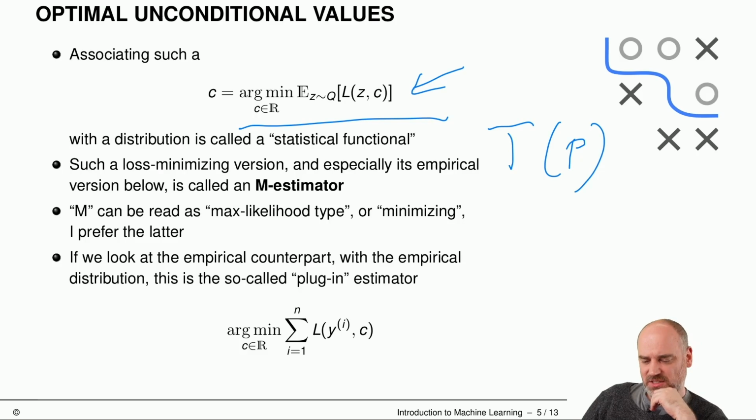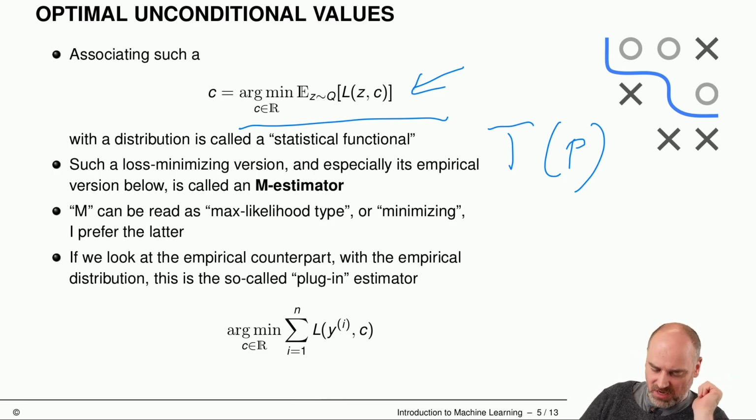That's just fancy terminology for saying I want to associate some characterizing value with a distribution, and it generalizes things like expectation, median, variance, and so on, because all of these associate values with distributions and describe and characterize a certain aspect of a distribution. I hope that makes sense to you.